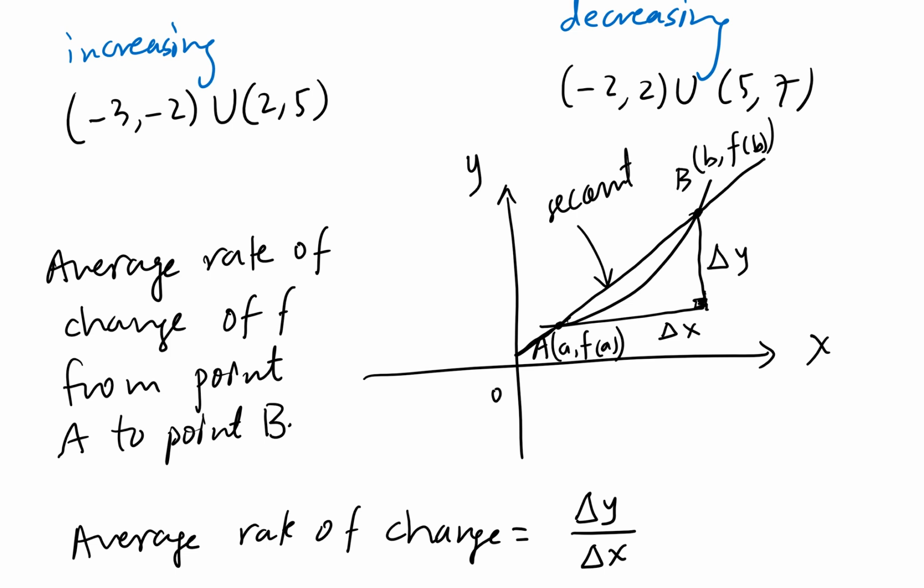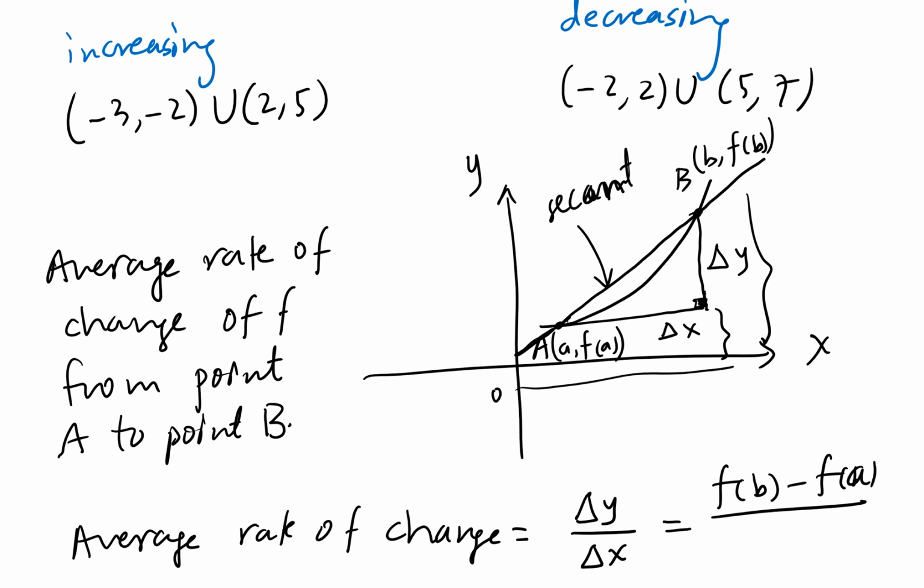In this case, it's f of B minus f of A over B minus A. That's called the average rate of change.